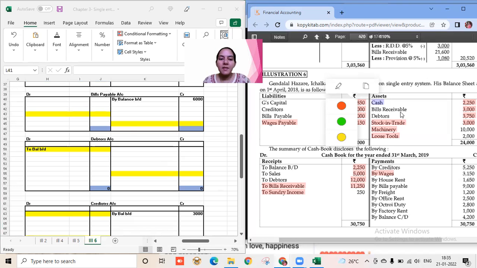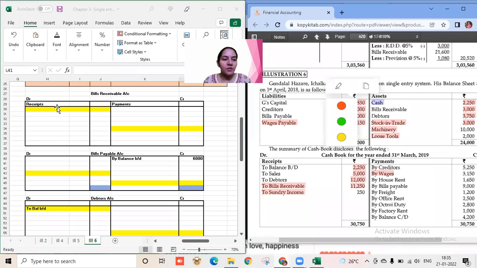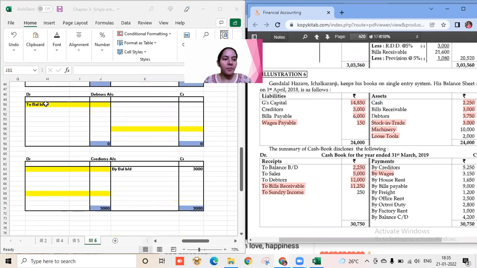Next one is bills receivable. So come to the bills receivable ledger debit side. To balance brought down, bills receivable is 3,000. Put it on the debit side. Then the debtors opening balance is 3,750. So put this on the debtors account debit side, to balance brought down 3,750.